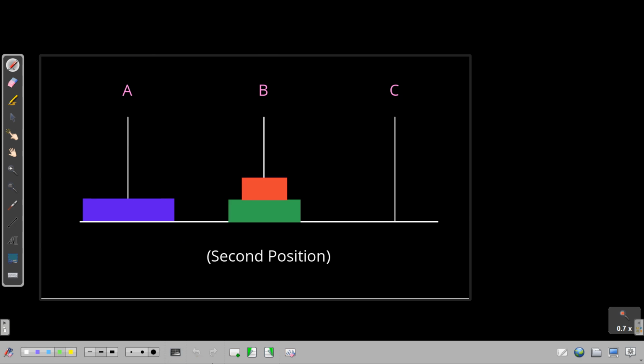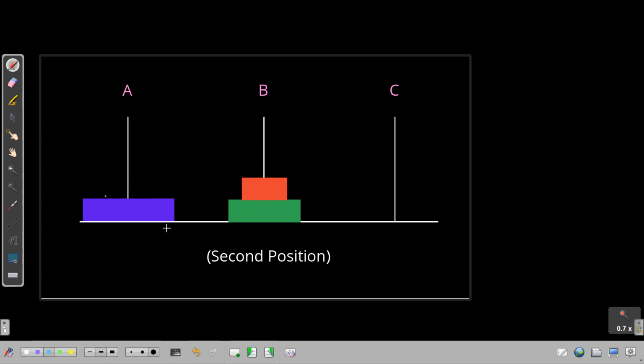Now this is our second position. I have just compressed two more steps. The red block was coming here, after that the green block was coming here, after that the red disk was moving back. So I have just converged those two positions, and I just moved these two blocks here.